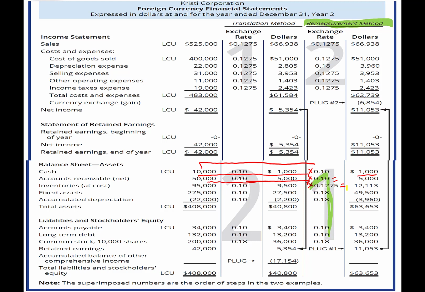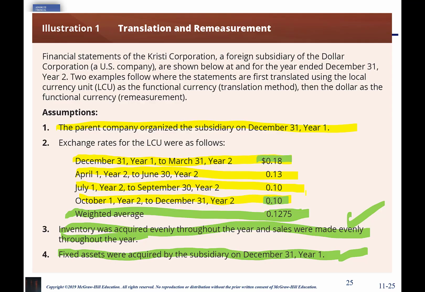Then you continue on with your other monetary items. Before I do that, notice for our fixed assets, we're using the historical rate to remeasure those, the 0.18 rate.